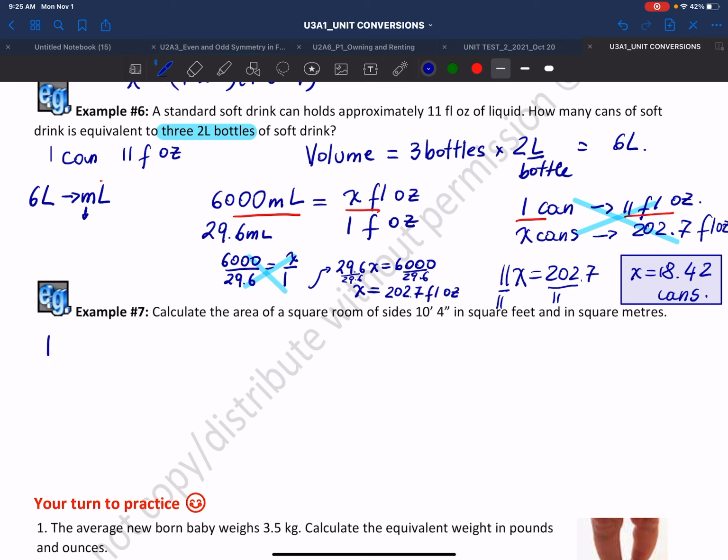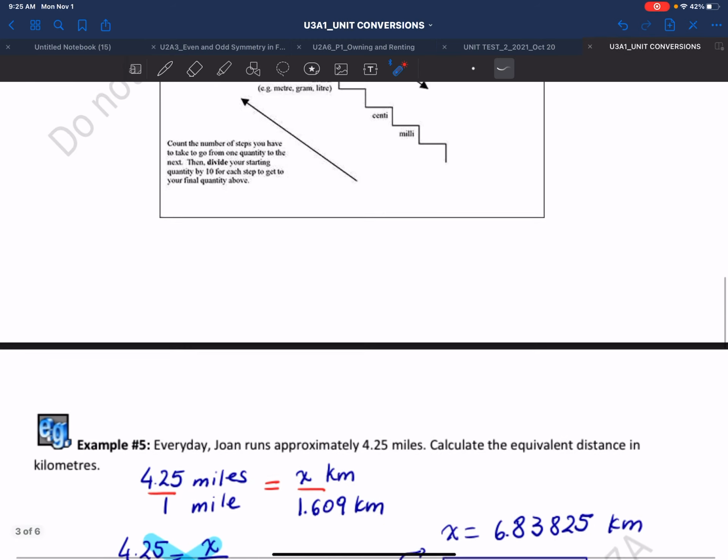So I'm going to say 10 feet squared, I want to convert it into meters squared, and I have 4 inches squared, which I want to convert into meters squared. So obviously we don't know what the area will be in meters squared for each case, so we're going to call this x. And then we're going to go back to the chart to try to convert feet into meters.